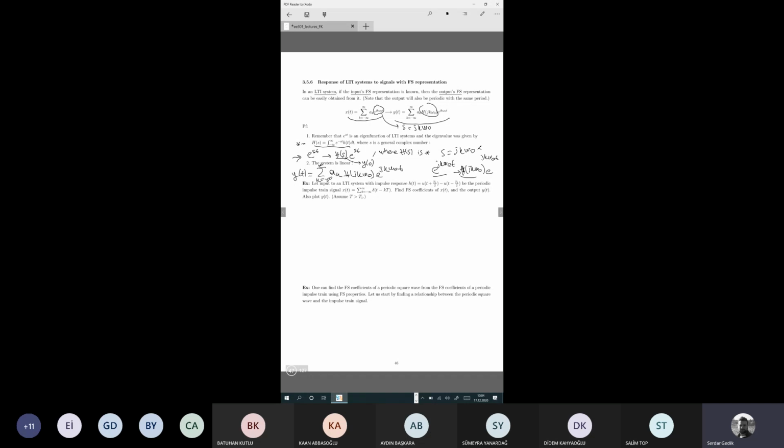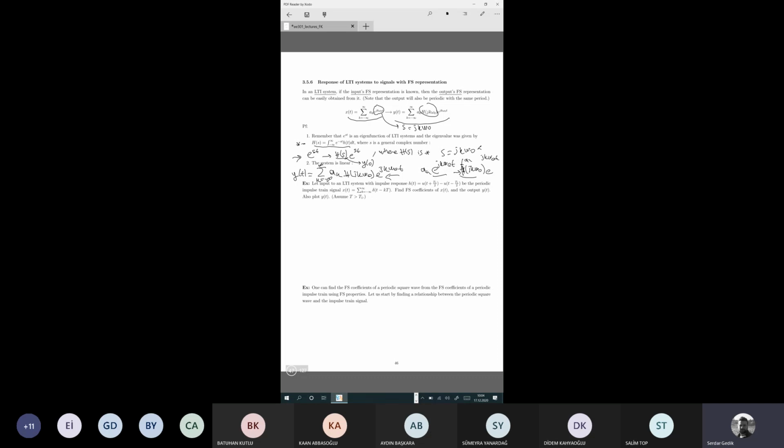Remember, if you have a linear system and you multiply the input with some a_k, the output is also multiplied with the same a_k. So this last relation comes exactly from linearity.